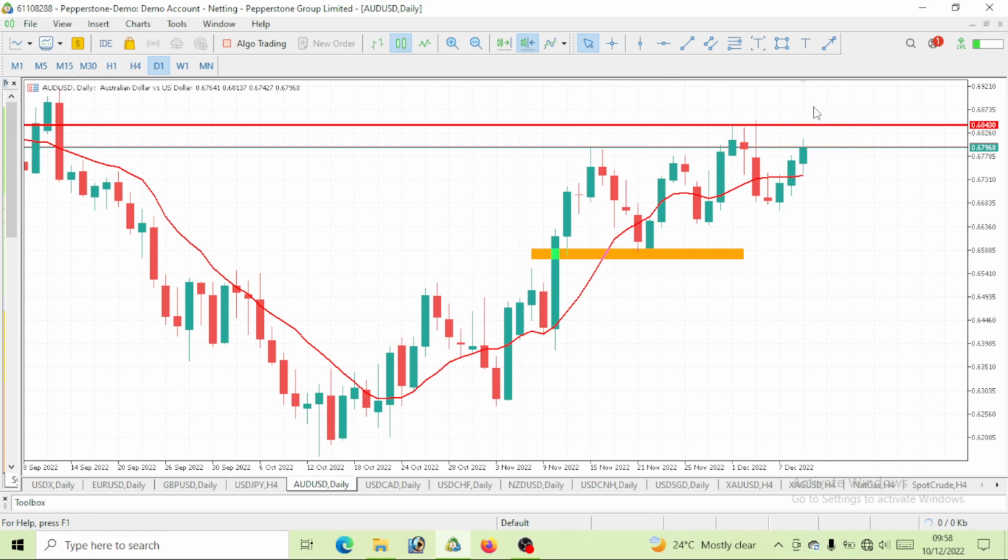You can also see that this price is still trading above our 10th period moving average. So that is still an indication that AUDUSD will continue to go bullish. And also notice that this week CPI will be released, and that itself will actually push our USD downward, because when you go to Forex Factory, you see that the forecast is quite below the previous.